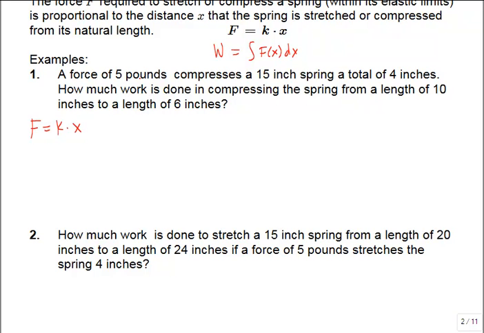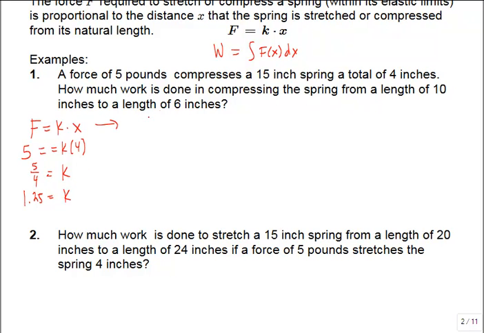We need 5 pounds of force, so 5 is my F. And what am I compressing it? I'm compressing it a total of 4 inches. You don't actually use this 15-inch at all, at least initially in this part of the problem. You just want to know how much you're actually compressing or stretching it, which is this total of 4 inches. So we're going to use 4 for our x, which means that when I solve for k, k is going to be 5/4 or 1.25.